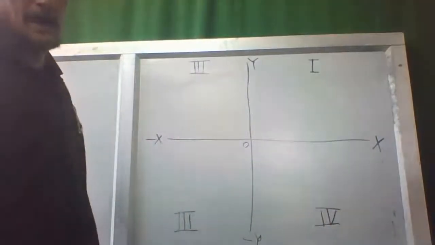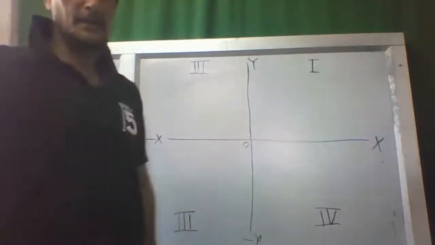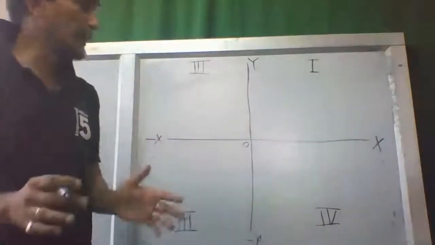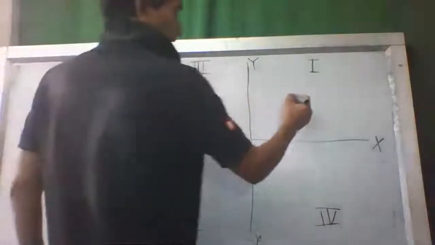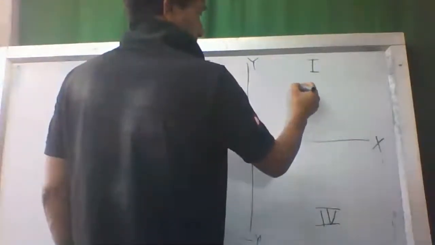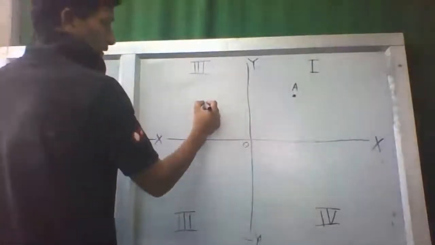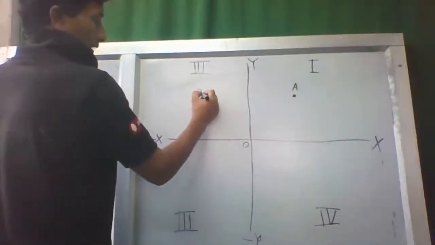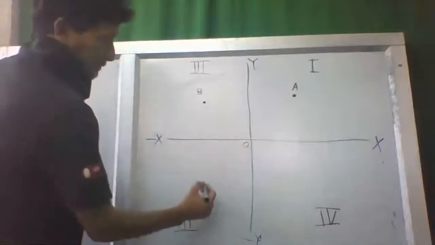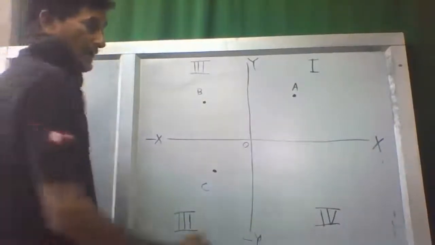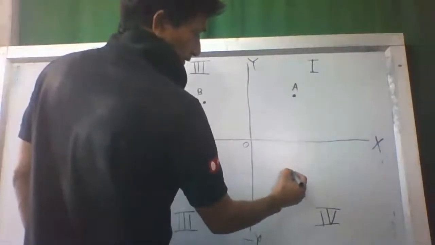Sometimes the question may be asked, which quadrant does this lie in? Now there is a reference point A somewhere here, a reference point B somewhere here, a reference point C somewhere here, and reference point D here.